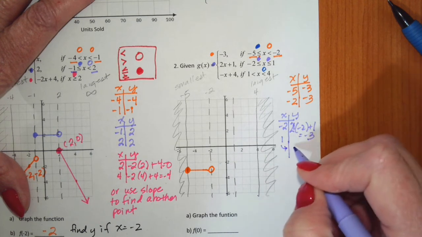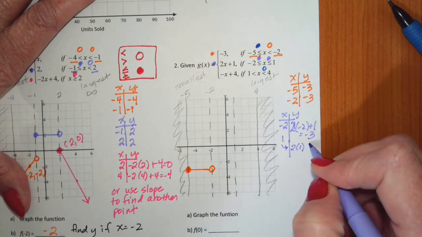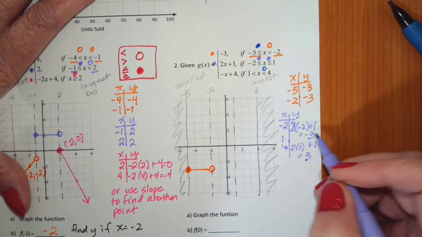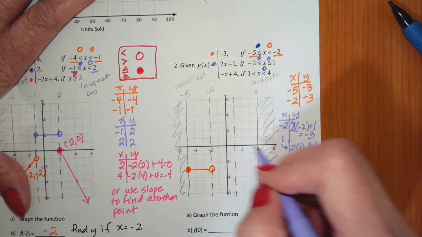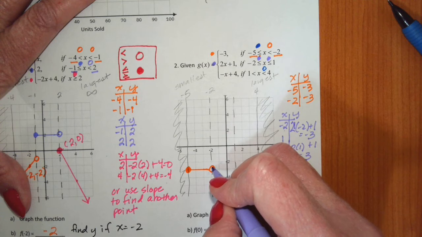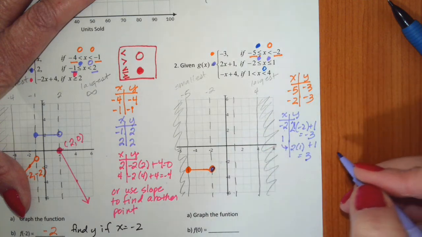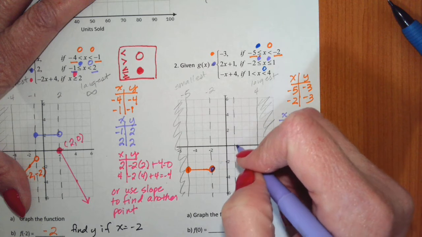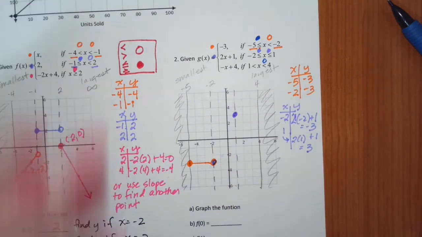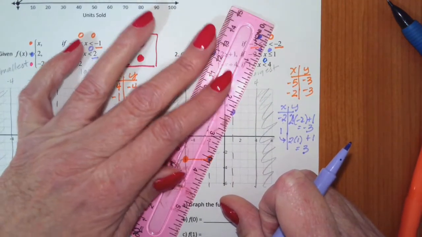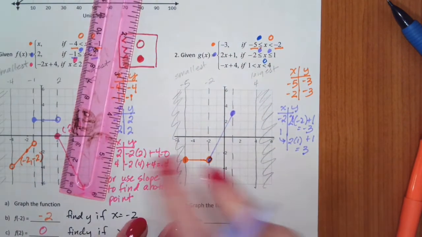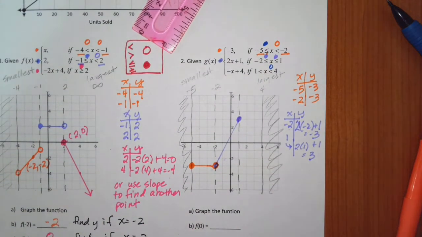And for 1, 2 times 1 plus 1 gives me 3. So at -2 the value is -3, and 1 will be 3, and both of those are going to be closed circles. And then I connect my dots. And notice these two are connected. These two were not, and we'll talk about continuity at some other time.